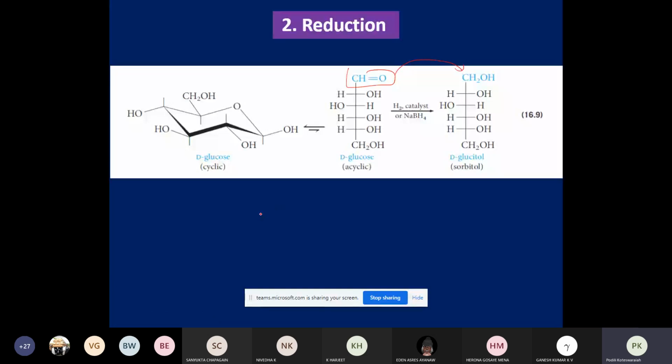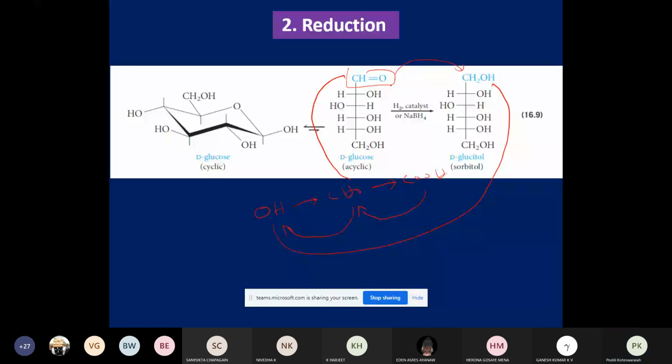We know that alcohols upon oxidation give aldehydes, and aldehydes upon oxidation give carboxylic acids. In the same way, carboxylic acids upon reduction give aldehydes, and aldehydes upon reduction give alcohol. The same thing happens here. So here it is aldehyde, and when it is reduced, it becomes alcohol. So glucose in the presence of sodium borohydride gives glucitol. This is a polyhydroxy alcohol. The aldehyde group is reduced to alcohol.